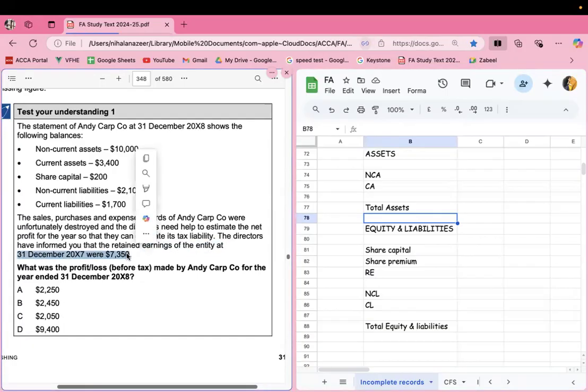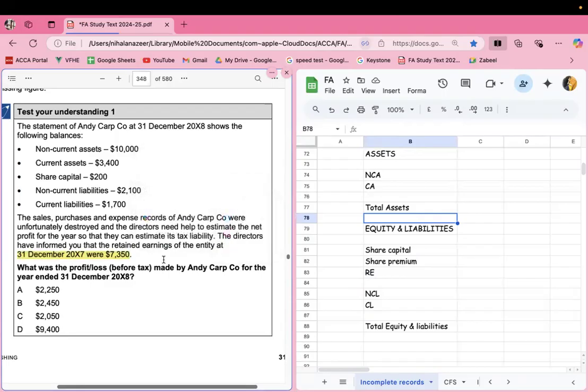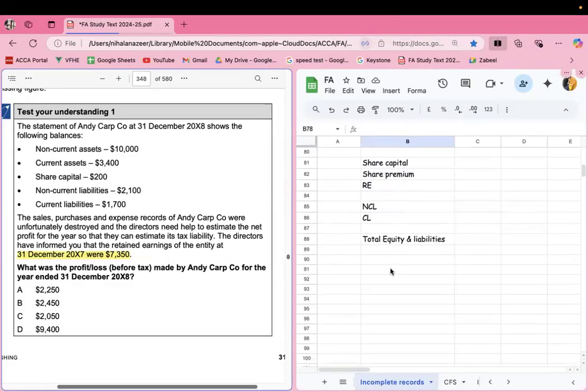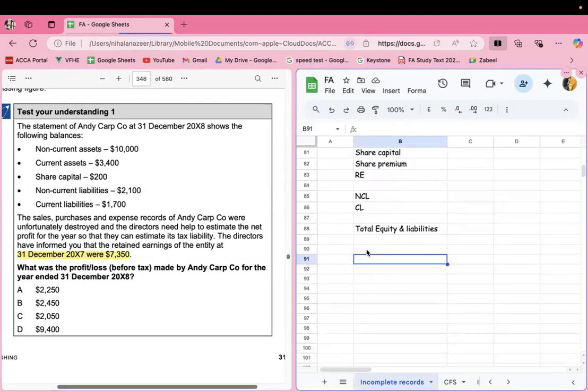7,350. That is being given to you. From this, what you can find is closing retained earnings. So already you know total asset is equal to NCA plus CA.